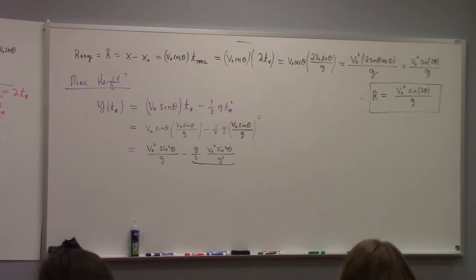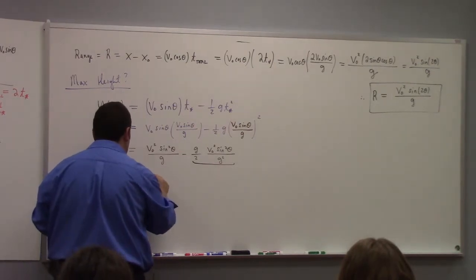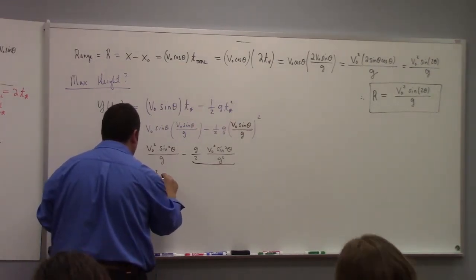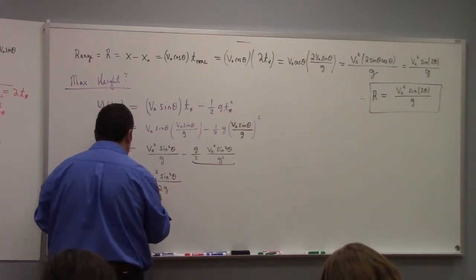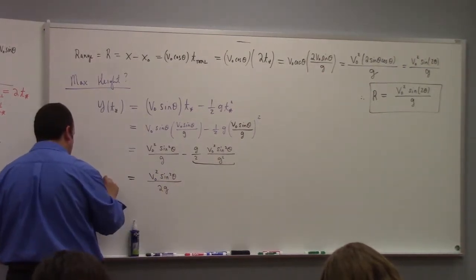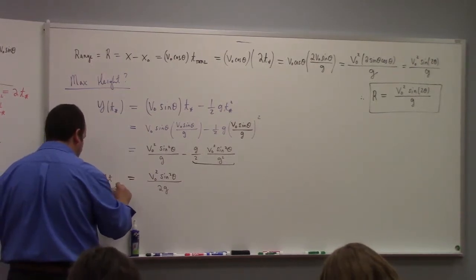So the pattern here essentially is like Pac-Man minus half a Pac-Man. That just leaves you with a net of half a Pac-Man. And with algebraic simplification, we just have v naught squared sine squared theta over 2g. There you go. That's the height to the zenith of the flight.